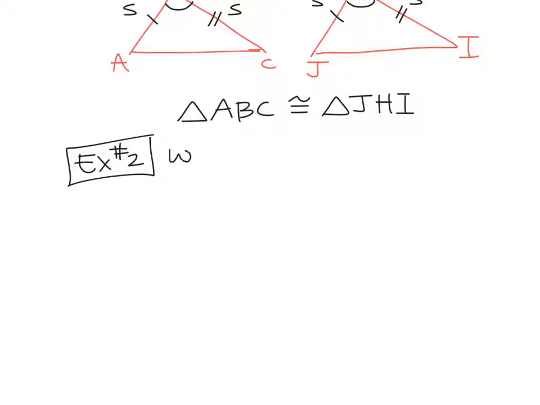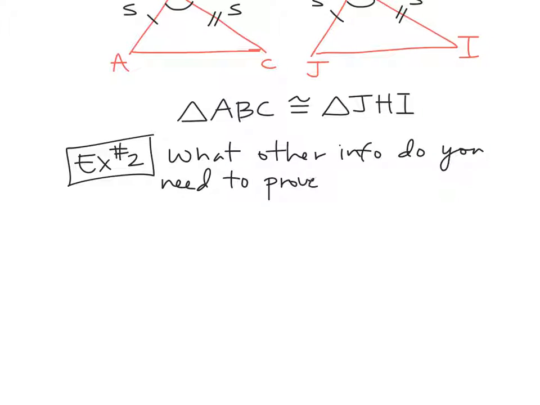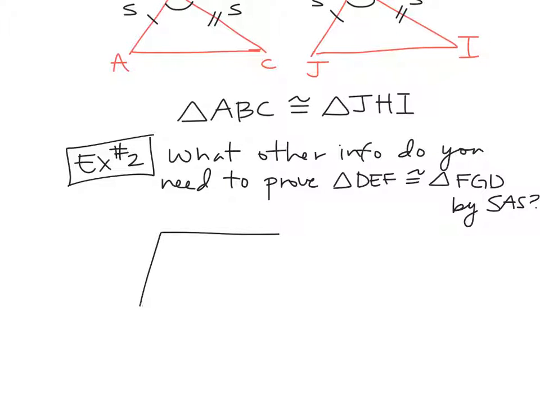We asked the question, what other info do you need to prove triangle DEF congruent to triangle FGD by SAS? Okay, and here's our picture.